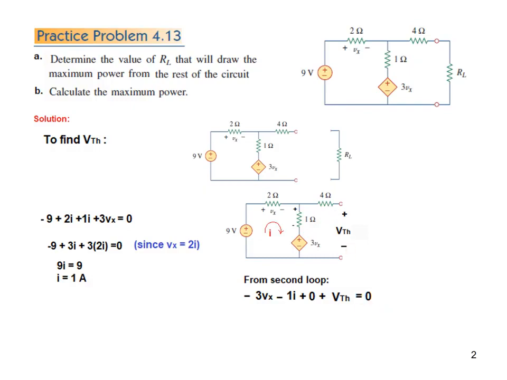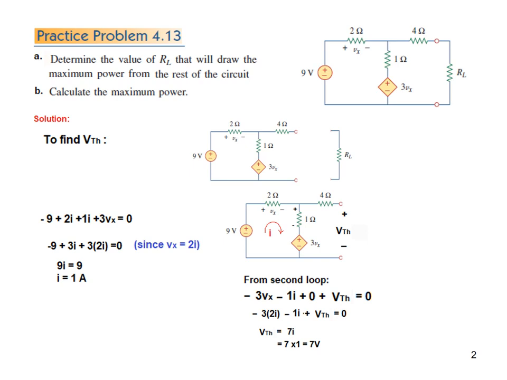And now we're plugging in, for Vx we plug in 2I, and for I we plug in 1. So solving, we find VThevenin to be 7 volt. So VThevenin we have found out.